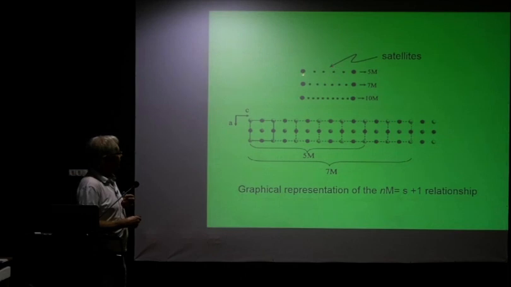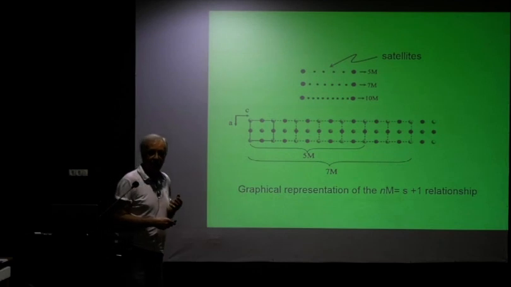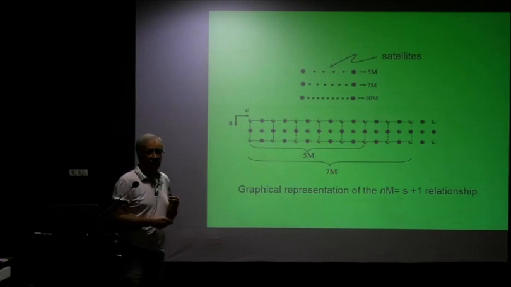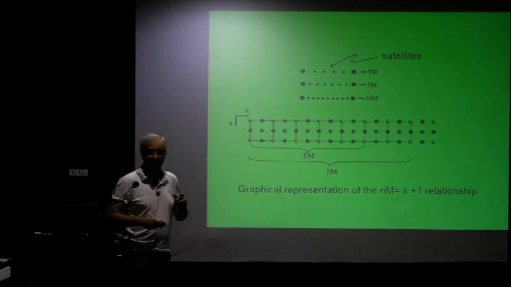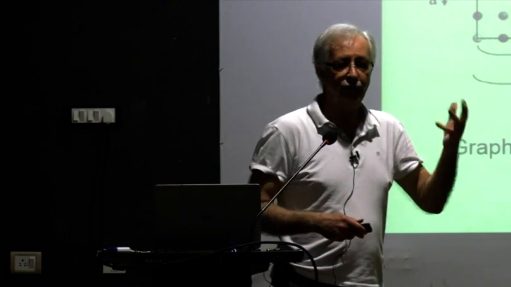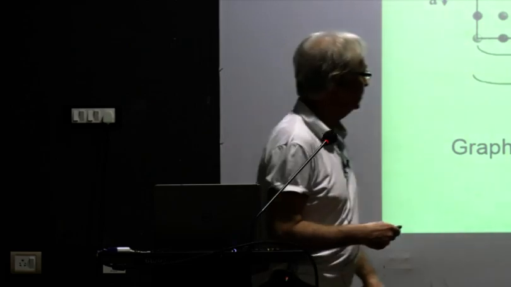Now, assuming that these here are the main spots that you observe, in the case when you have a modulation, then you get spots that are in the middle. You have 4 spots, so S plus 1 is then the 5M. If you have 6 spots, you have the 7M. And then you can have 9 spots, and that gives you the 10M. This is the reason why they abandoned the 10M designation that was used for 5M in the past, because there are actually 10M modulations as well, but we won't go into those a lot.